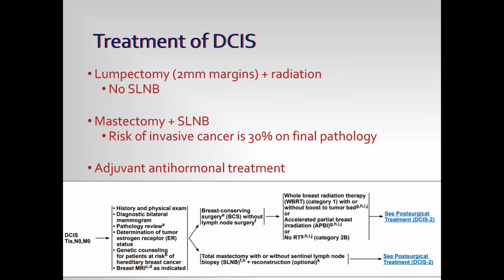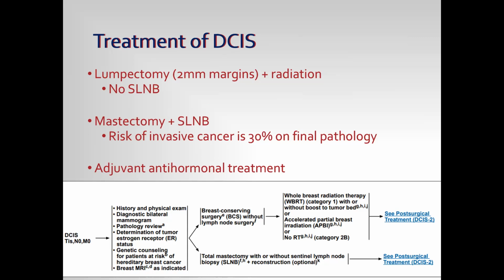Traditionally, a lumpectomy for DCIS is followed by radiation, and because it's not invasive, no sentinel lymph node biopsy is indicated. You can also, regardless of the size, a patient can pick a mastectomy for DCIS.